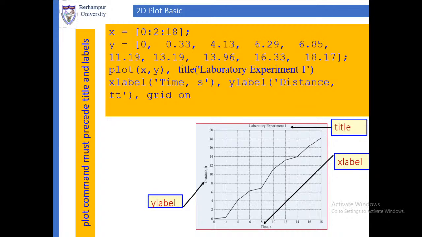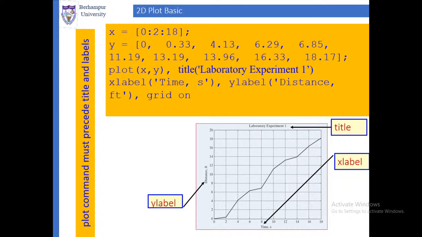Y comes second, that will be the vertical axis. Then for the plot we can give a title. That title is given here, laboratory experiment 1. Which means that the person who is writing this program has done an experiment in his laboratory, the first experiment. So laboratory experiment 1 is being plotted.